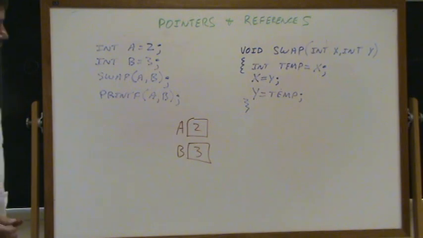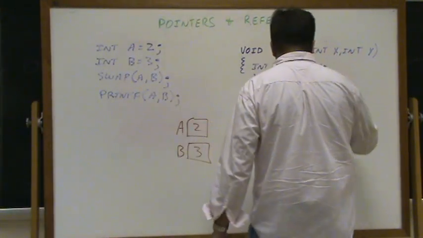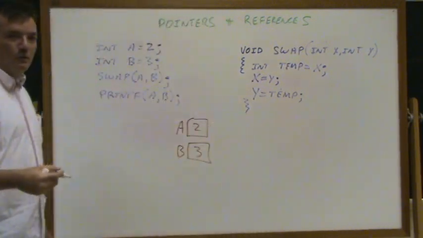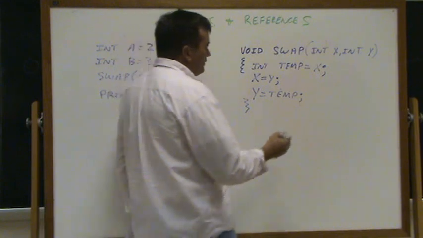Like for example, what if we made X and Y, instead of being its own piece of storage, what if we just made it another name for someone else's storage? So what if we did this?